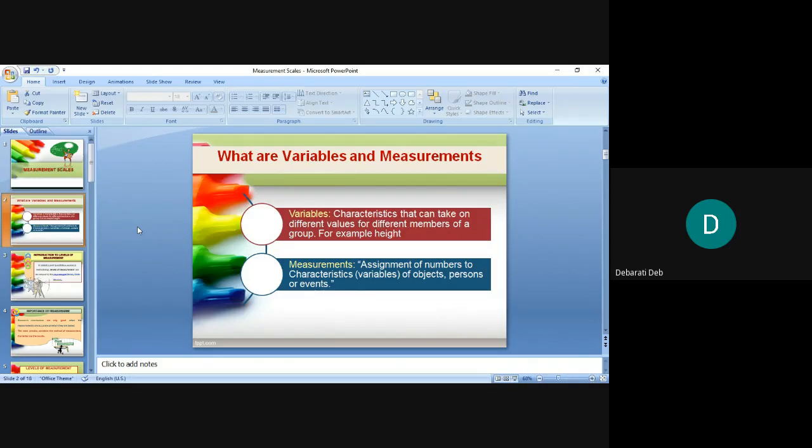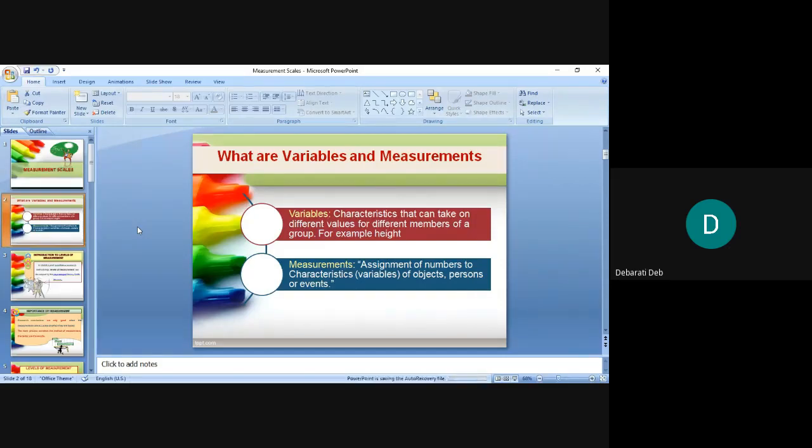These are the characteristics or elements which can take different values for different members of a group. Why is it said that the different members of a group? For example, height: you need to collect it from all the respondents. It's not that you will collect the data from only one person, isn't it?